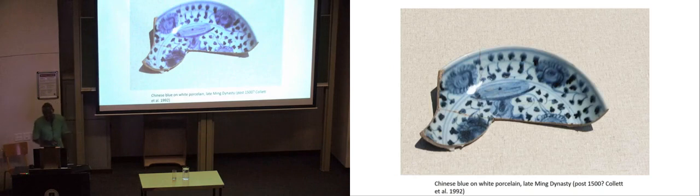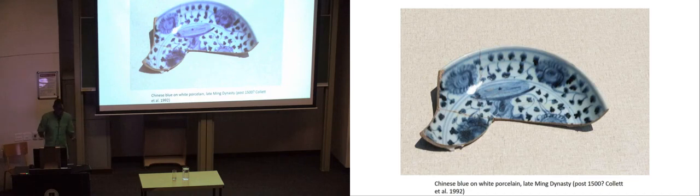More evidence of connections with China. These connections would be obviously indirect via the intermediary role of the people on the Swahili coast. So this is what is known as blue on white porcelain.